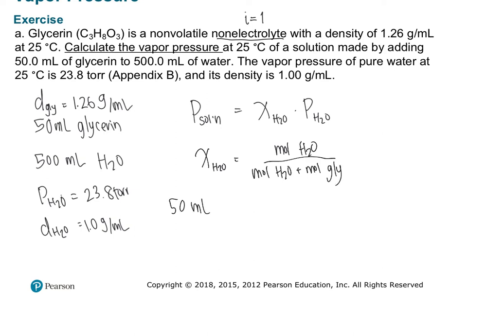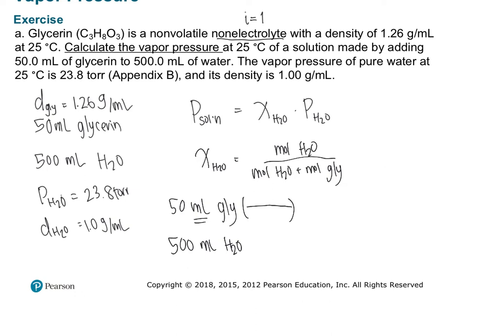We have 50 milliliters of glycerin, and 500 milliliters of water, and we need to find the moles. So how can I get out of milliliters? You may think I need to go to liters, but this isn't a concentration, this is a pure substance. So here we see density has units of grams per milliliter.